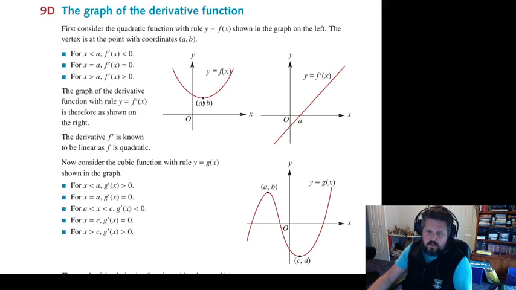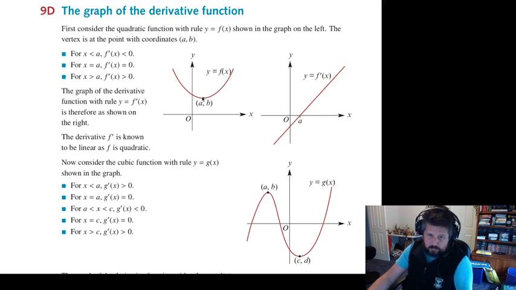So if I was sketching this, and I had to draw the derivative function on the sheet, you know that at this value a, it's going to cross over the x-axis. So I'd put that on there.